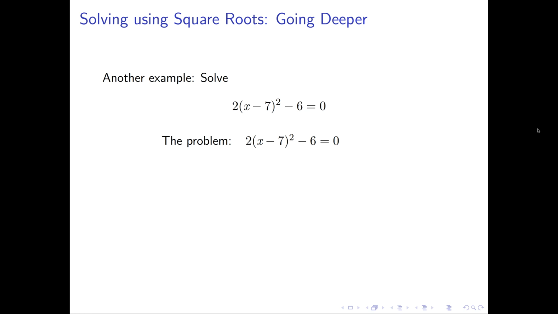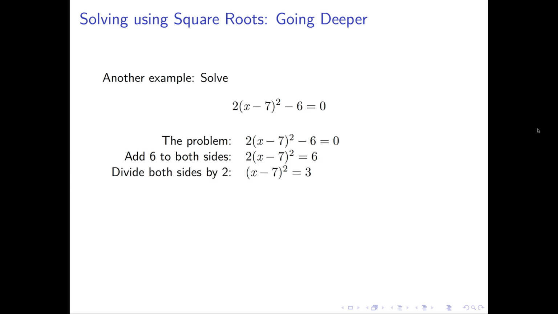Here's another example. 2 times x minus 7 squared minus 6 equals 0. So we start with the problem, and first we might add 6 to both sides, then divide by 2, and notice how the division works when you divide both sides of an equation like that by 2, and then square root both sides, and we get x minus 7 equals plus or minus square root of 3.